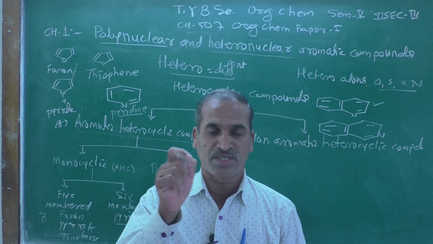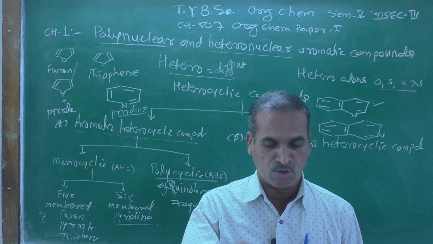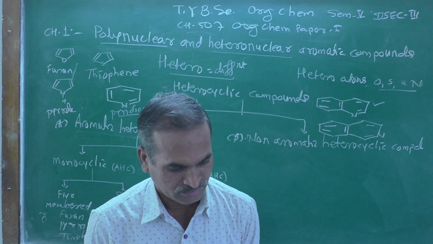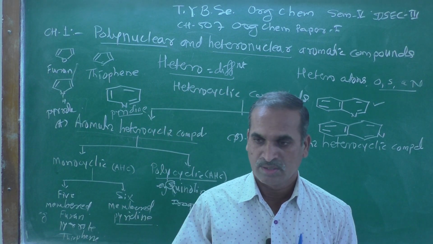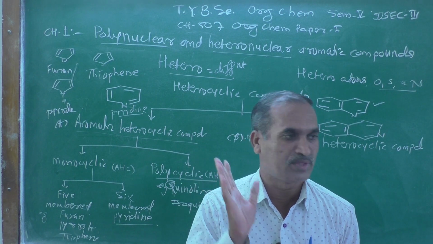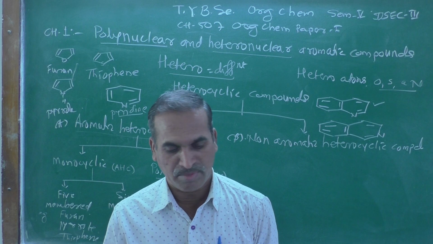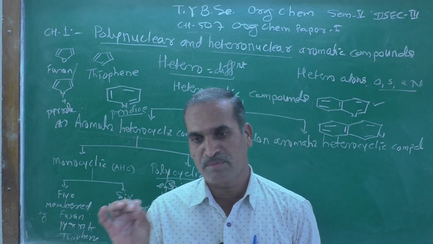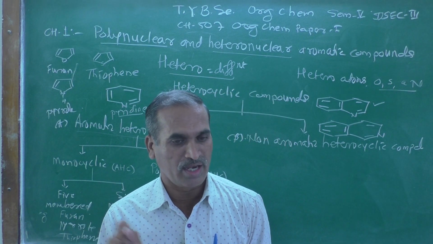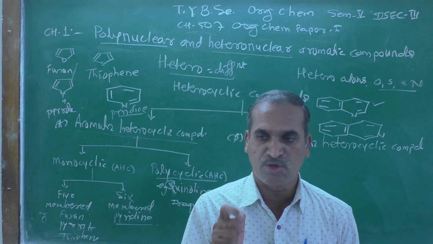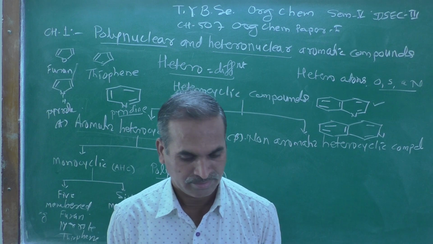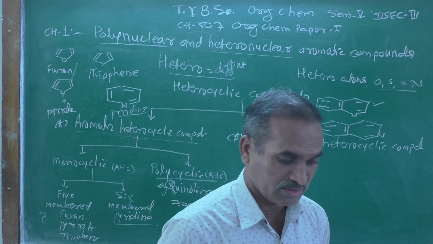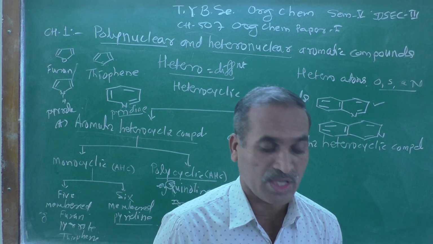Nomenclature means the systematic way of giving the name of an organic compound, and there are two systems. One is the common name system, or trivial name, and the second is the IUPAC or systematic naming system. According to that, we will see how to name heterocycles.